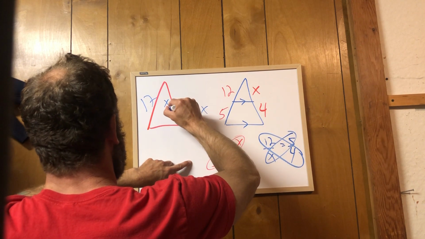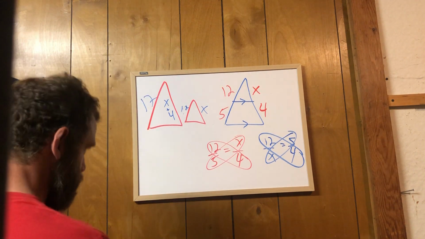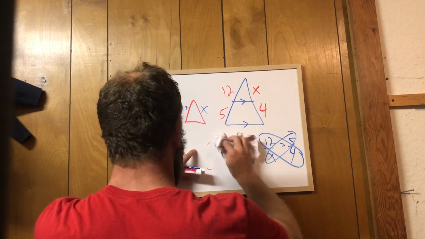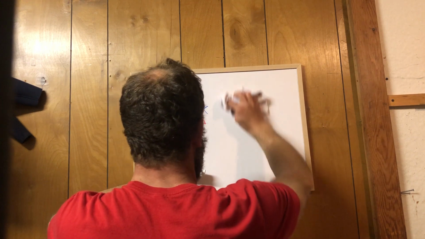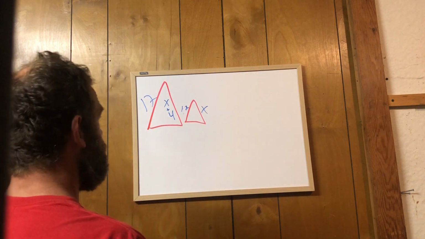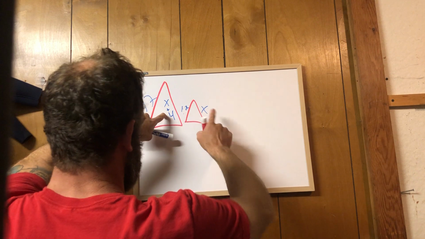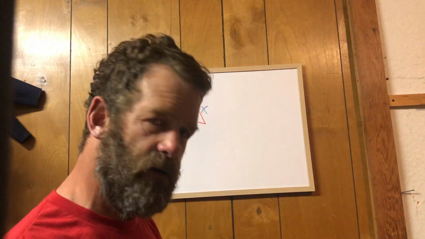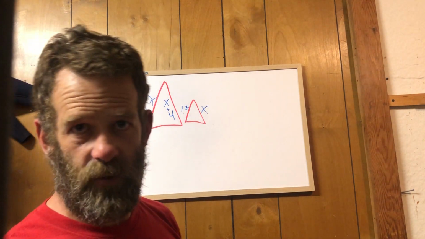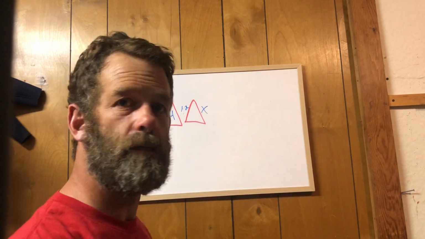We're just going to call that x plus 4. So I can say, look, 17 over 12 equals x plus 4 over x. Or 17 over x plus 4 equals 12 over x. And you can cross multiply to solve. It's way easier to do it the other way that I showed you over here. But the same concept still works.